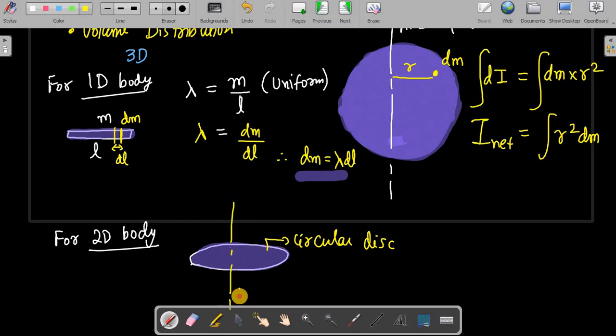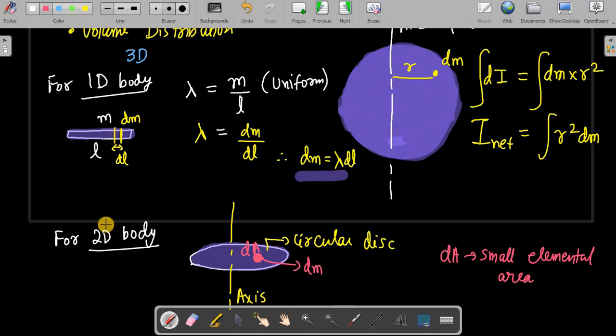This is the axis. Here we are going to take a small element. That small element mass is dm, and it is present over a small area, dA. Very, very small area, dA. So dA here is a small elemental area.